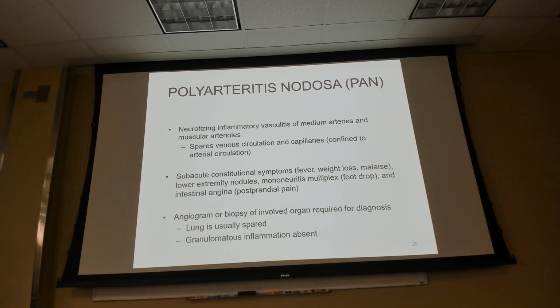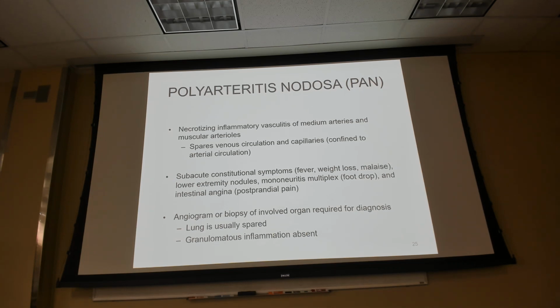Subacute symptoms: with this one, you would also have a patient who's having fever, weight loss, malaise. They could be having some neuro findings like foot drop and postprandial pain. So those are the signs and symptoms of a patient presenting to you that would make you think about this from a dermatological aspect.